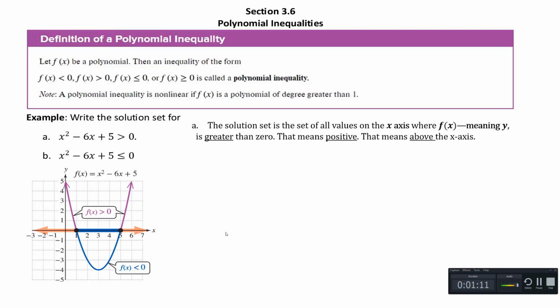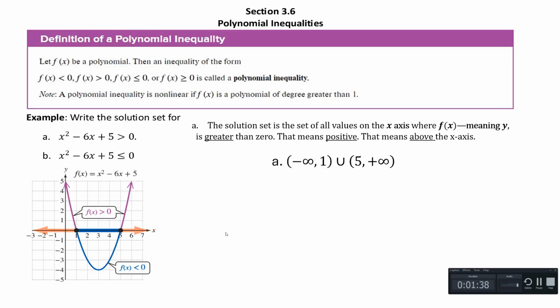That means above the x-axis. So if you look at that, you can see that the places where it is above the x-axis are the areas from negative infinity up to 1, not including 1, and from 5 to infinity. So that is the solution set for that inequality. That is where the function is greater than 0.